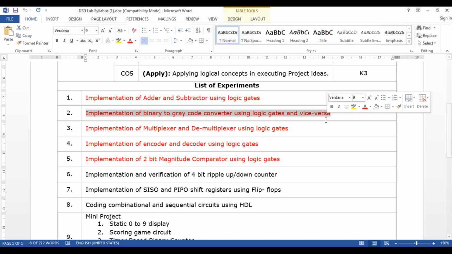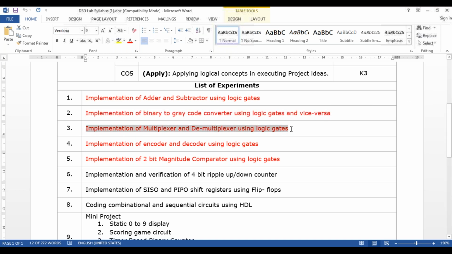This is also completed. Third, implementation of multiplexer and demultiplexer using logic gates, also completed. Fourth, implementation of encoder and decoder using logic gates, also completed. Fifth, implementation of magnitude comparator using Logisim, also completed. So we completed experiments 1 to 5.